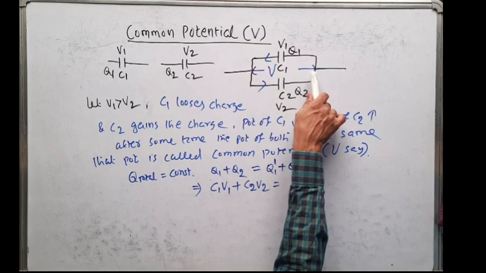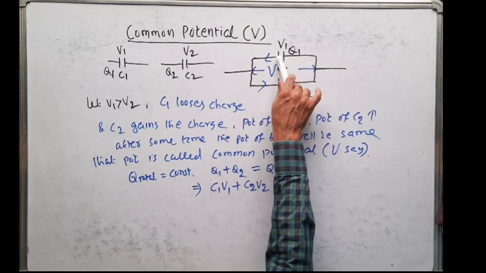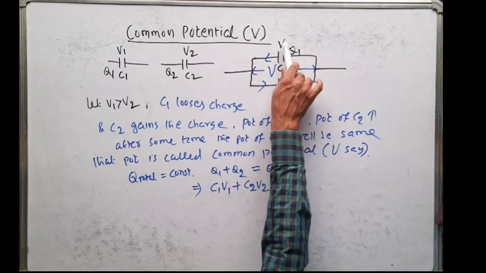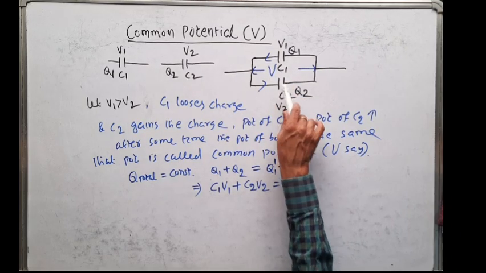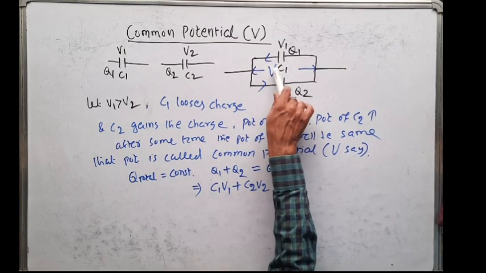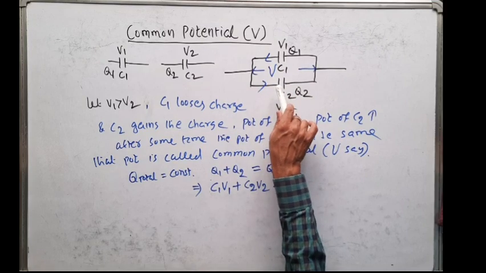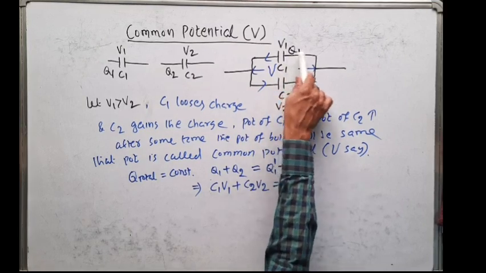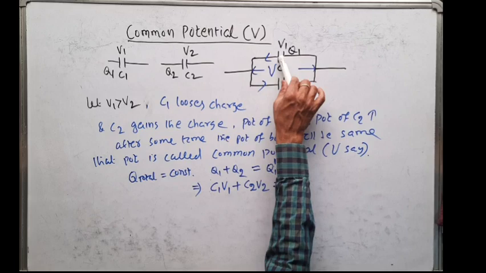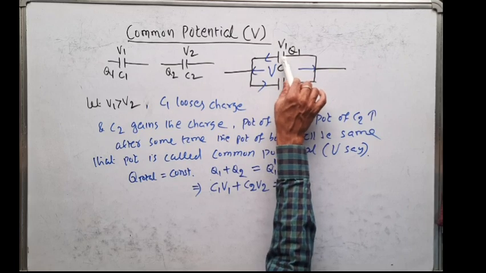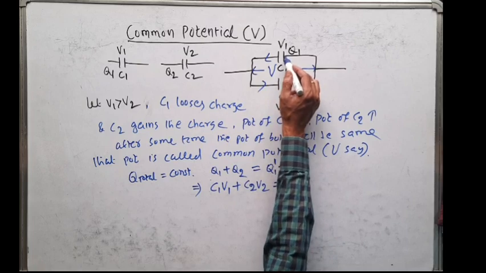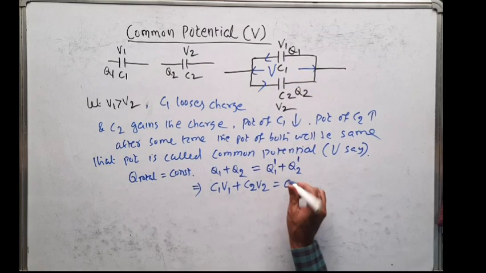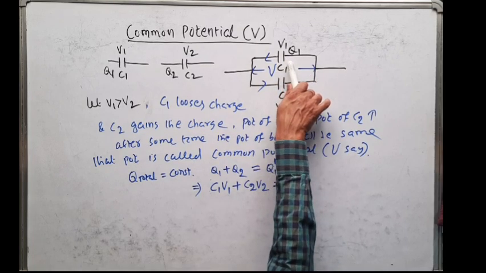And after connection, now the voltage across this capacitor is not V1, rather it is V. Voltage across this capacitor is not V2, rather it is V. That is the common potential. So if potential changes, charge will also change. So what is the charge of this capacitor after combination? The charge across this capacitor is C1, capacitance will not change, it depends upon the dimension.